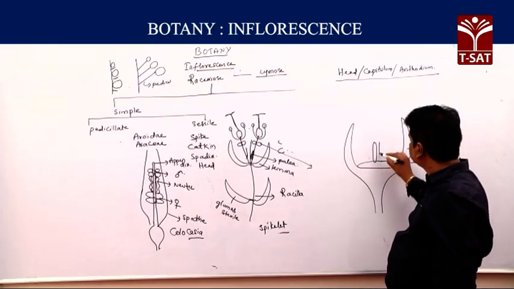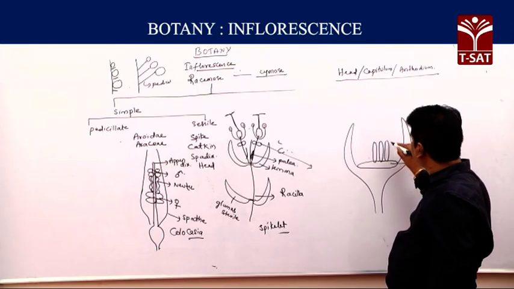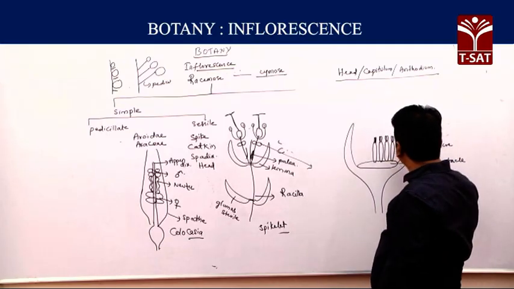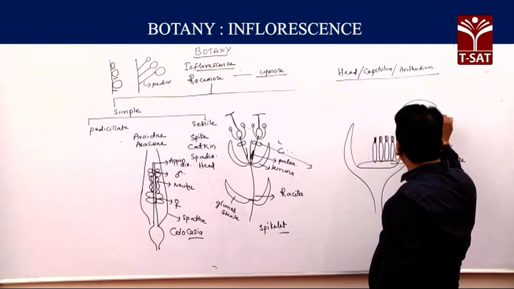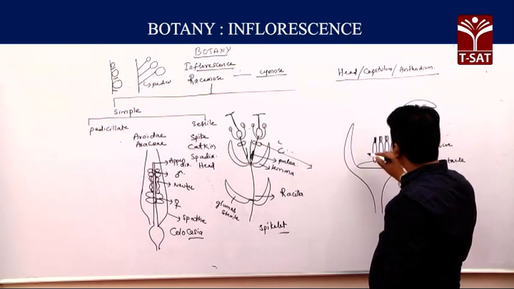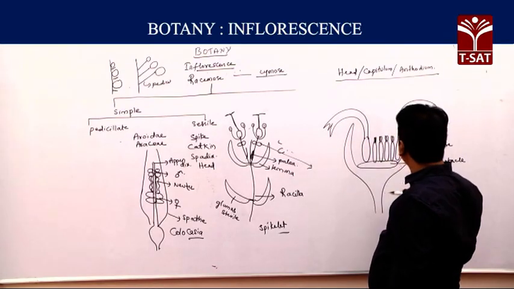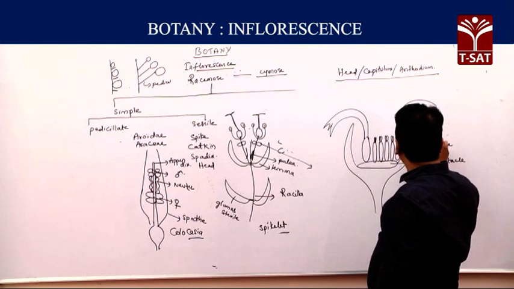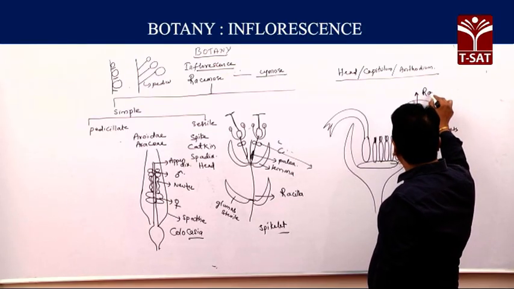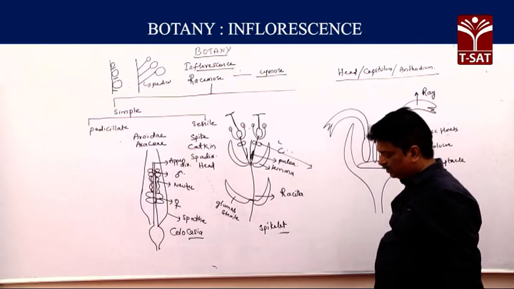And in head inflorescence, flowers are reduced. These reduced flowers are called florets. Generally, there are 2 types of florets. Among the 2 types, at the center are disc florets, and at the corner are ray florets.